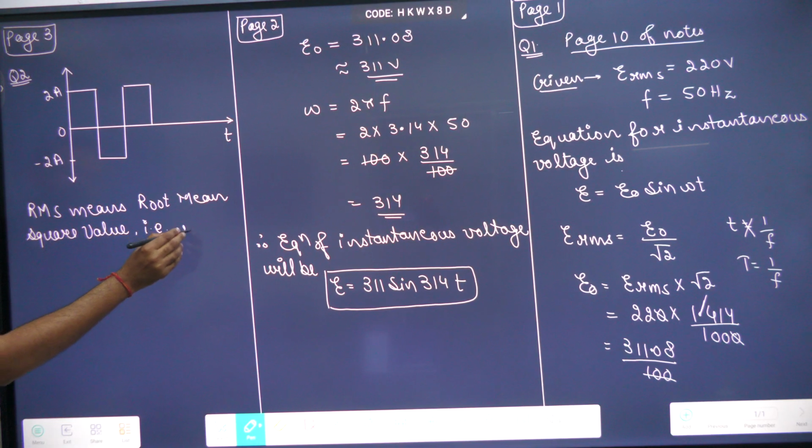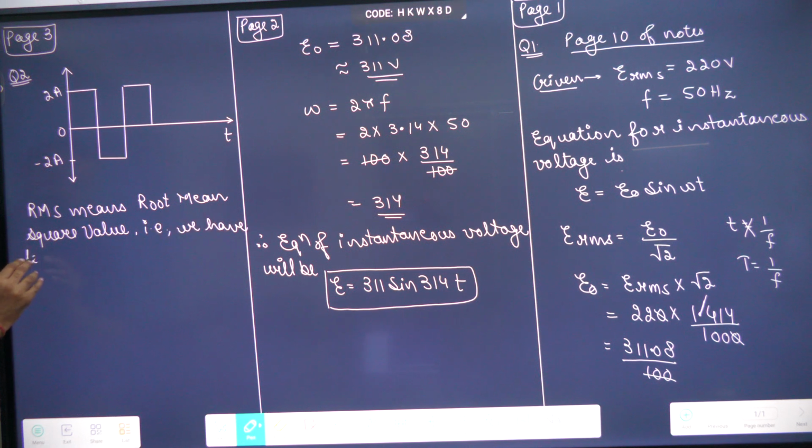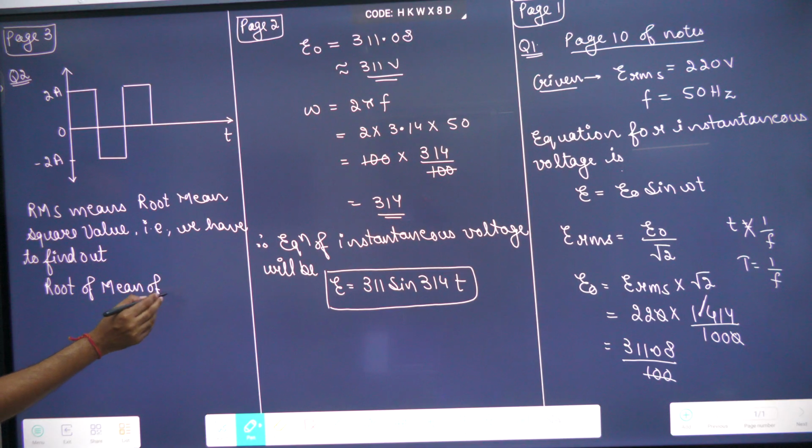That is, we have to find out the root of mean of square.